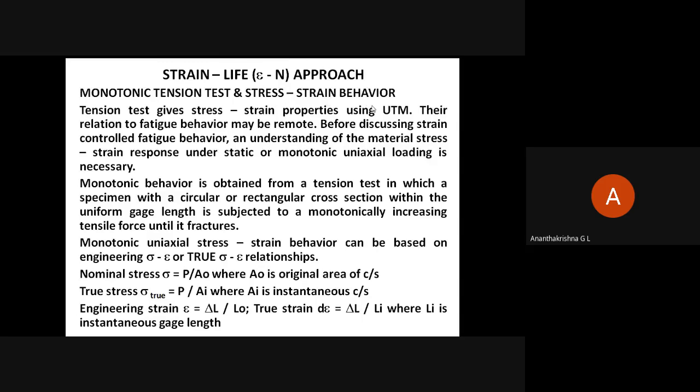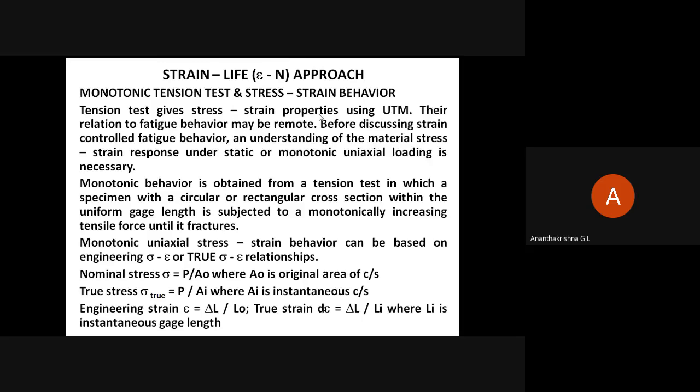We took a specimen, marked the gauge points, and mounted the specimen on the universal testing machine, UTM. The tensile stress or yield stress that we find from the tension test using UTM has a remote relation to fatigue behavior.